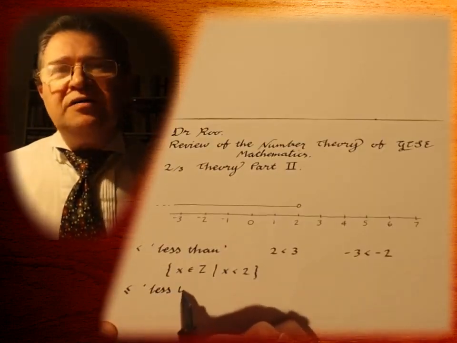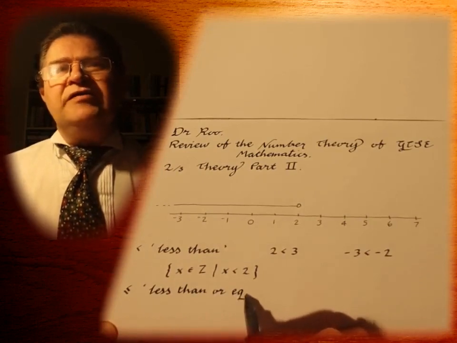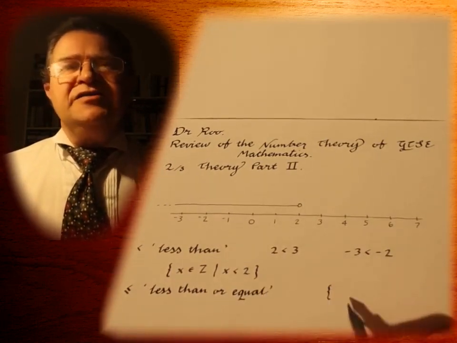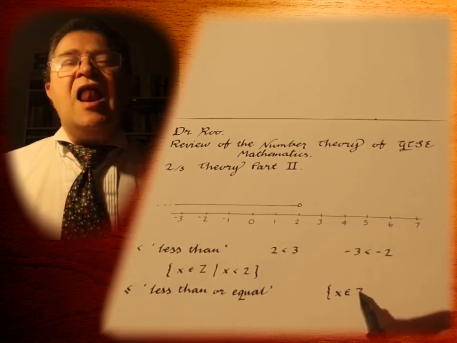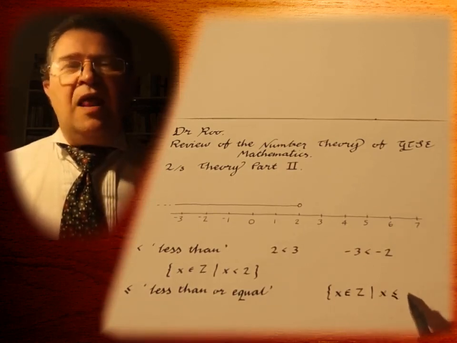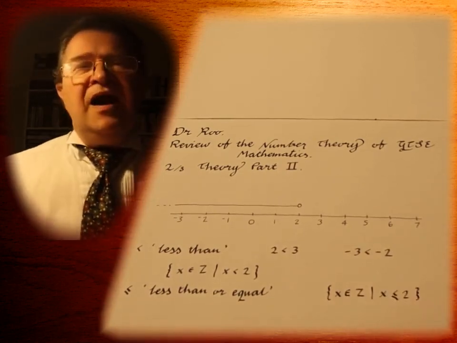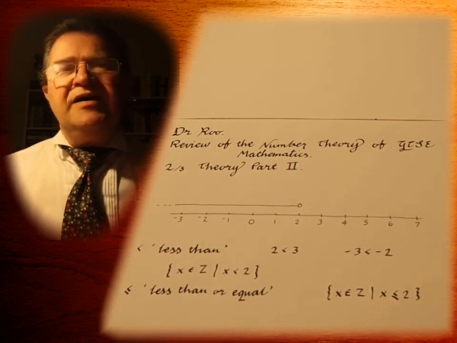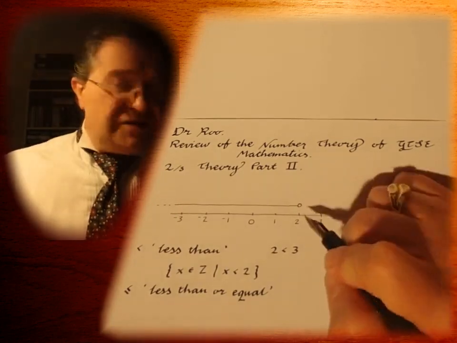If we wanted to include 2 in the subset, we would have written the set of things in integers restricted to those things less than or equal to 2, like this, and indicated the fact on the number line with a solid dot at the 2 position.